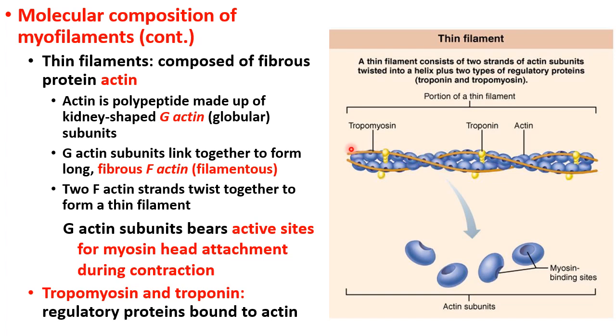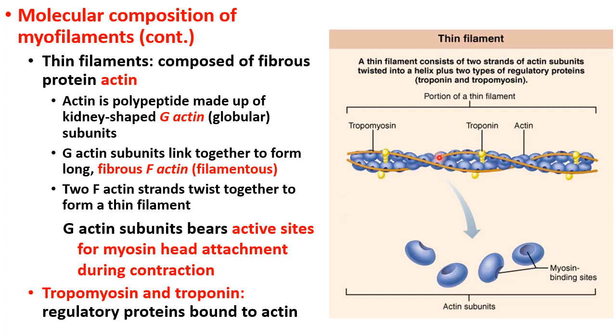Okay, so binding site is blocked when the muscle is relaxed or not contracted, and the protein that blocks the active site is tropomyosin. Okay, so tropomyosin here is going to block the binding site of actin, the myosin binding site on the actin protein.